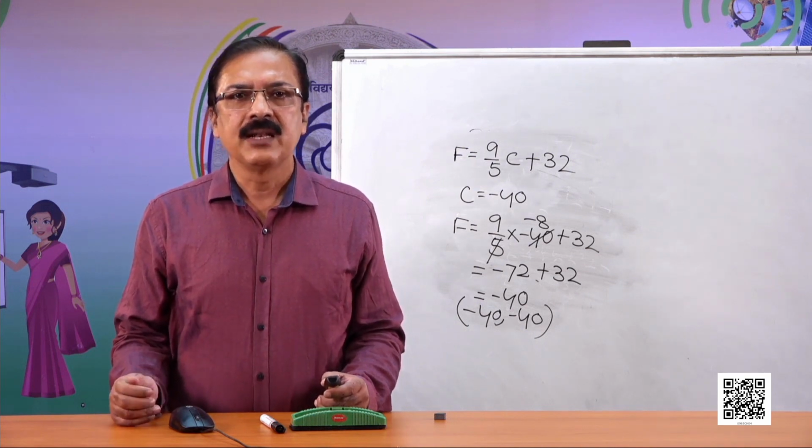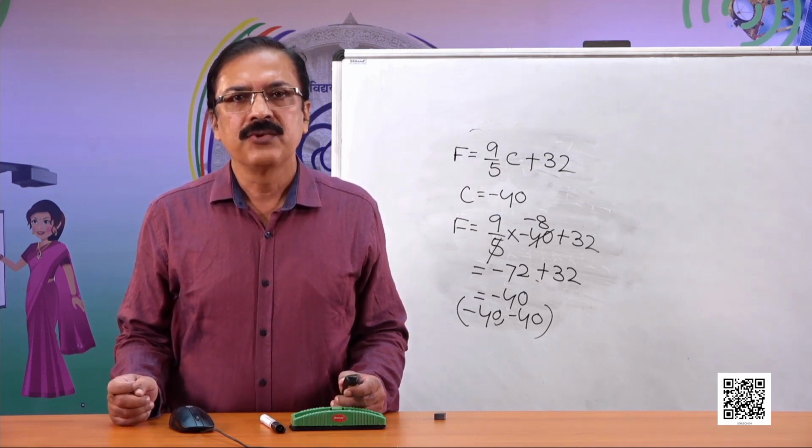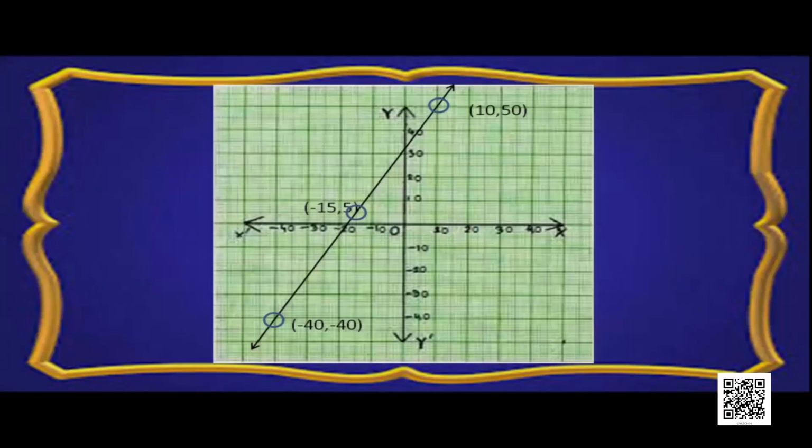As this is a linear equation, from joining these points we will get a straight line. As the graph of this equation is a straight line, such equations, of the form ax plus by plus c equal to 0, where a and b are not both 0, are called linear equations.